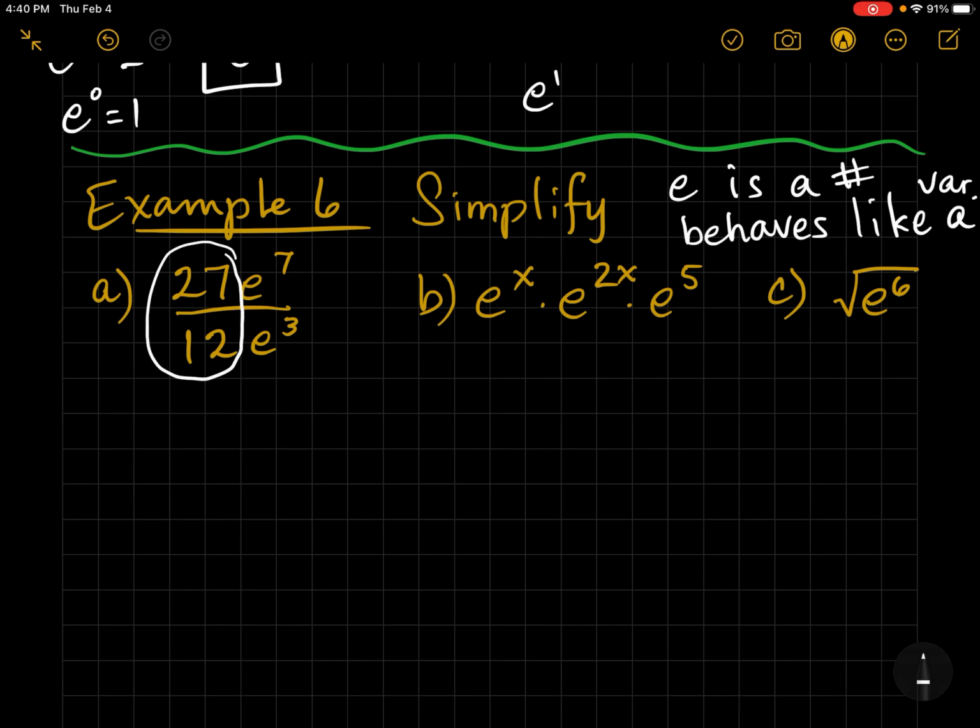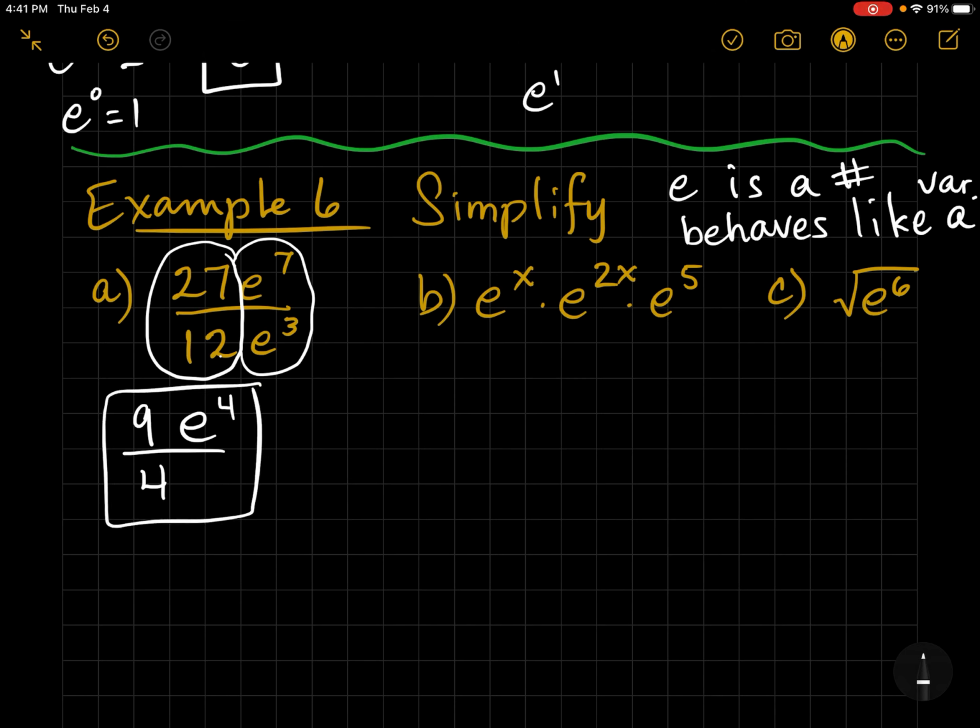First look at the number part and reduce that. 3 goes into both of those. 3 goes into 27 9 times and into 12 4 times. Now, this is what I mean when I say you can treat it like a variable. Just subtract exponents. So 7 minus 3 is 4. And that's a good answer right there.